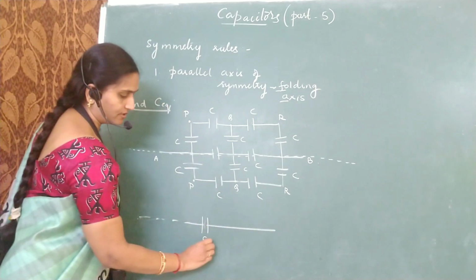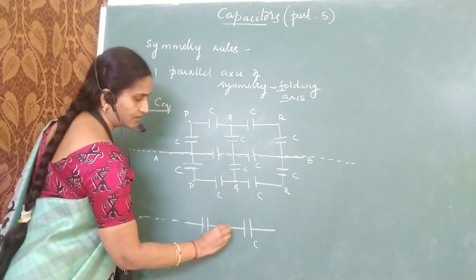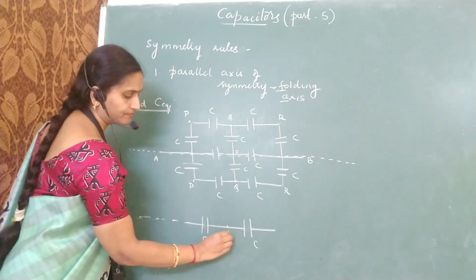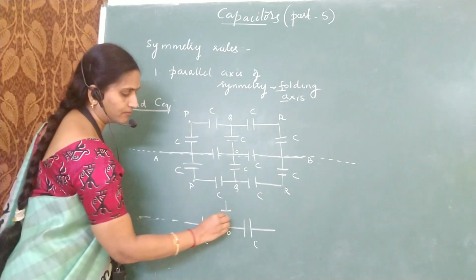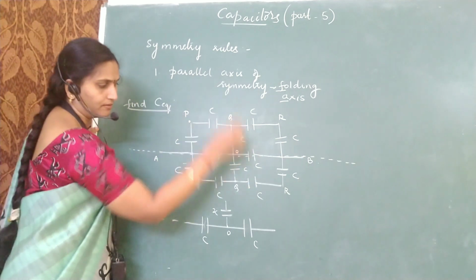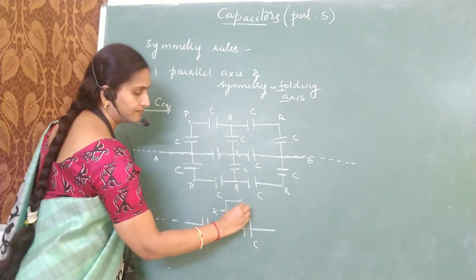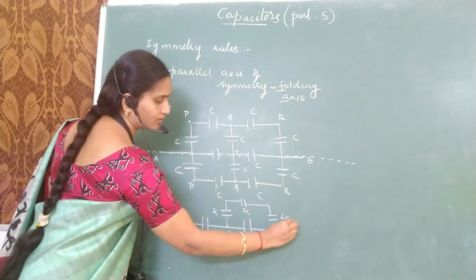This is capacitor C, and here you have a capacitor C. This point I will call O. C and C become 2C, because these two are parallel to each other after folding. These two will become parallel, so 2C. Here you have 2C.